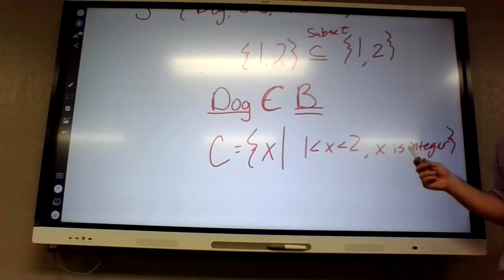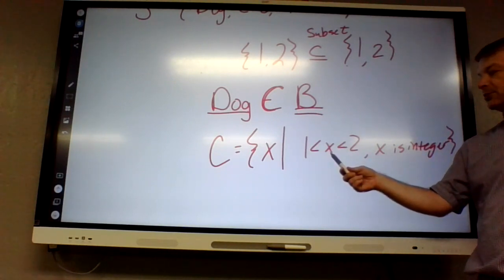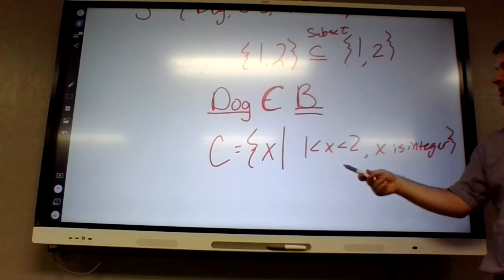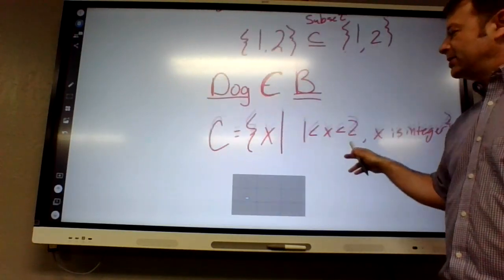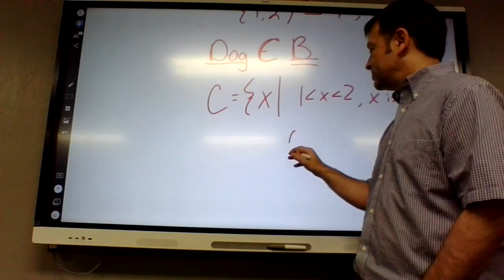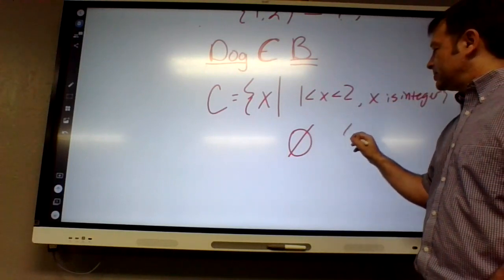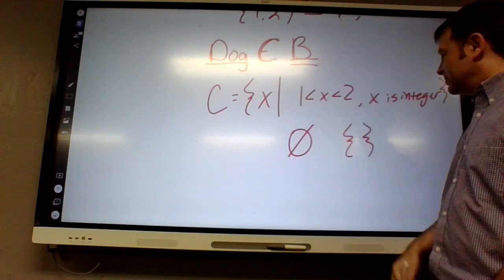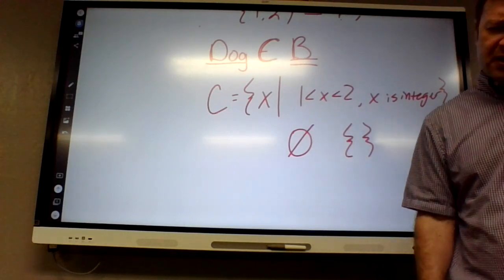It's all the whole numbers and all their opposites, so like negatives, and there's no fractions or decimals. So what integer would be between 1 and 2? Nothing. So if it's nothing, it's called a null set or empty set. You guys have seen this last year though, right? It could be written like that, or you could just draw empty, with nothing in there.